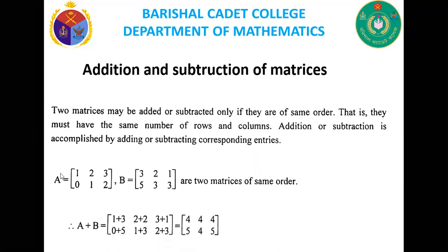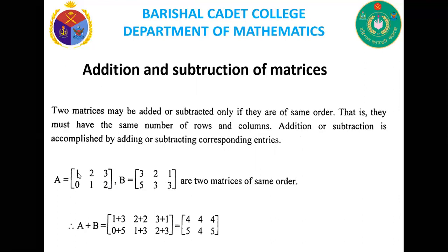Then what will be A plus B? I have already told you that the addition or subtraction must be accomplished by adding or subtracting the corresponding entries. So we have to add the corresponding entries in this way.